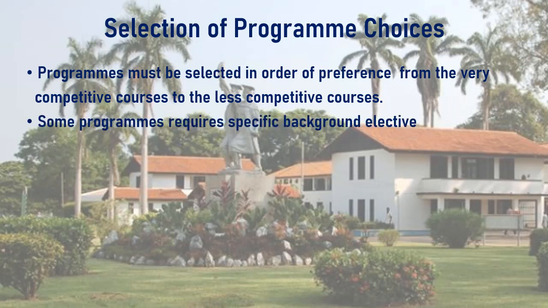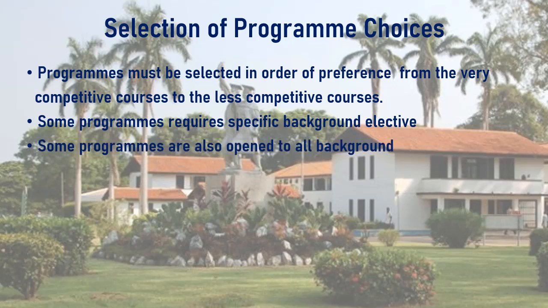Some programs require specific background electives. For a program like biological sciences, you need chemistry, biology, and either physics or elective mathematics. So if you are a general arts student, you cannot apply for biological sciences. If you are a home economics student, you cannot apply for biological sciences because you don't have chemistry.